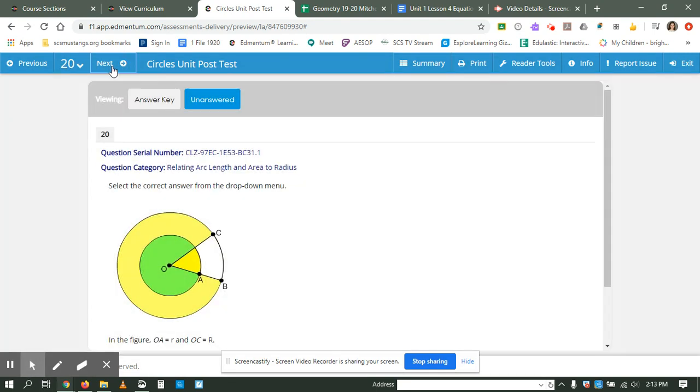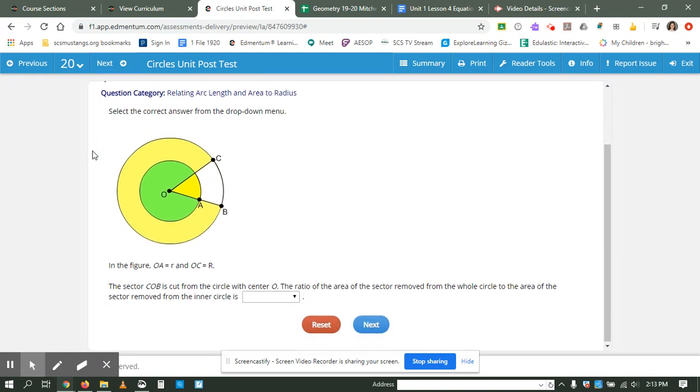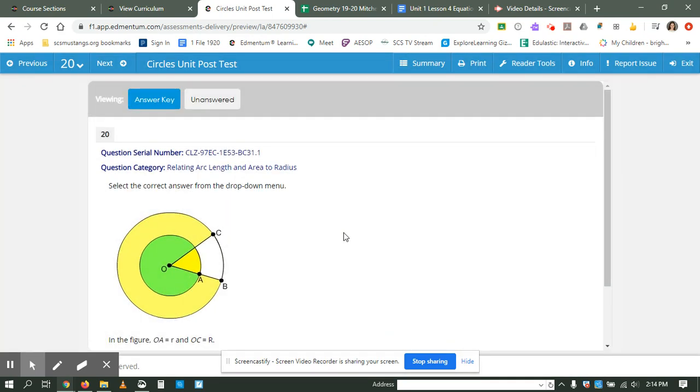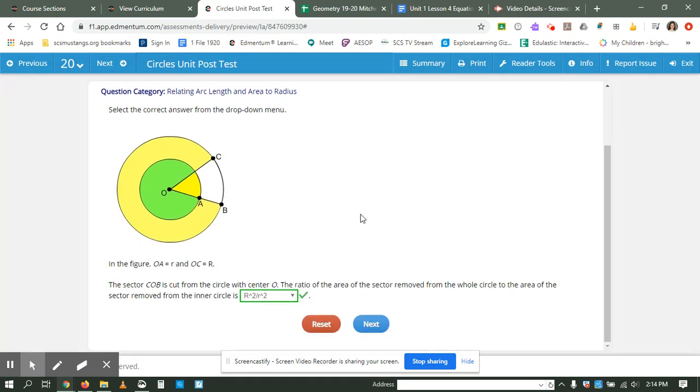Taking a look at 20. Taking a look at this one, that gets more into formulas than actual calculations, and that's more of solving a formula that hasn't had stuff put inside of it. So we're looking at that one. That's going to be 7 squared divided by r squared.